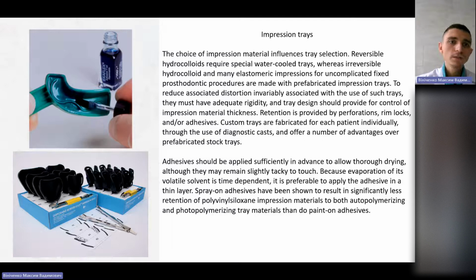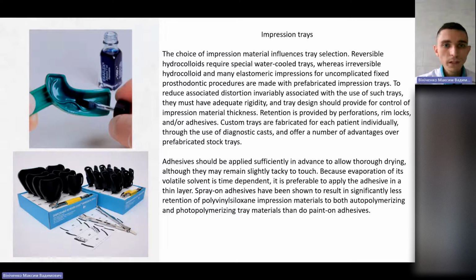They must have adequate rigidity, and tray design should provide for control of impression material thickness. Retention is provided by perforations, rim locks, and adhesives. If there are no perforations, we make these perforations, for example, if we don't have adhesive in our clinic, or we make rim locks.